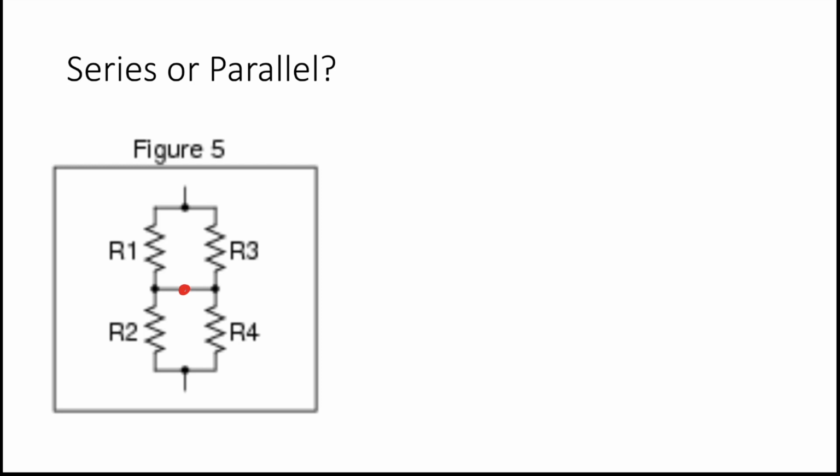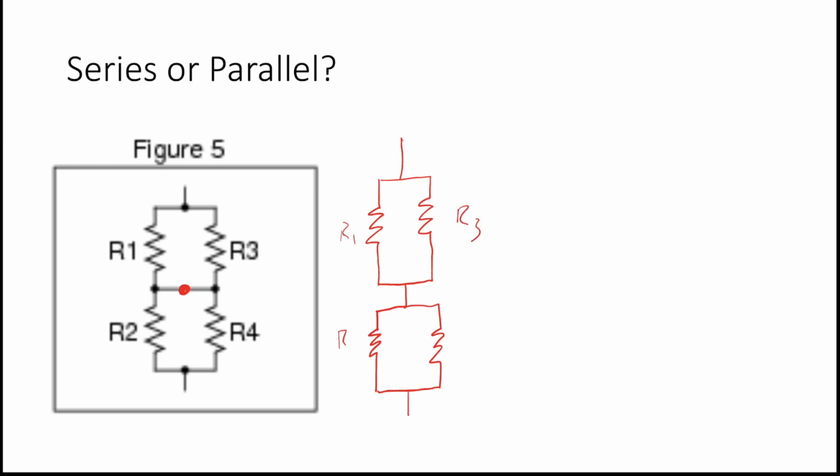So we can redraw this if we want to look like this. So this drawing right here is the exact same as the given on the right. So we have resistor 1, resistor 3, resistor 2, and resistor 4.